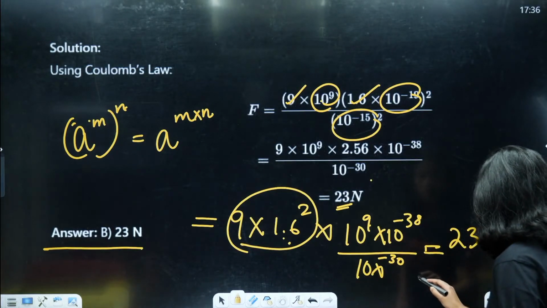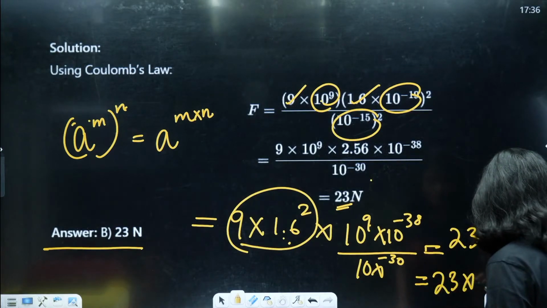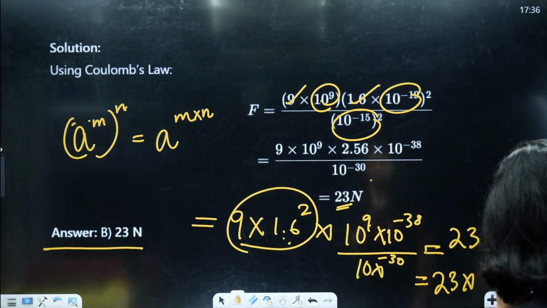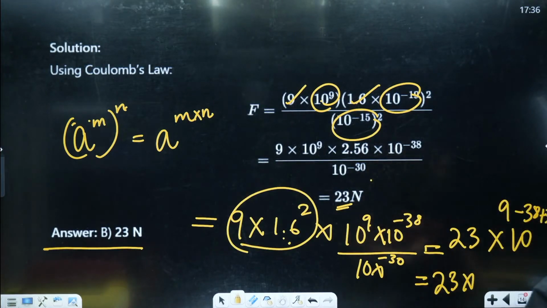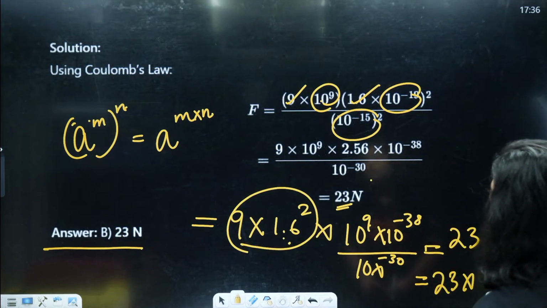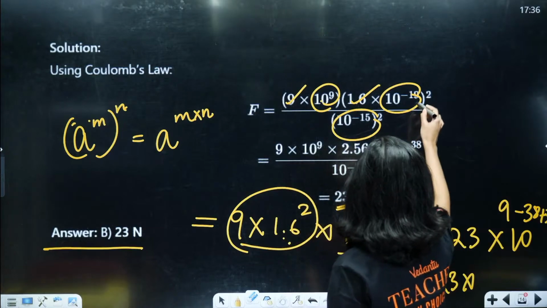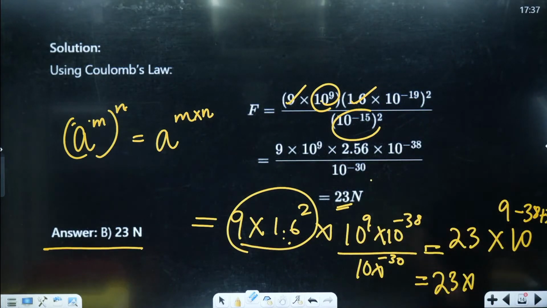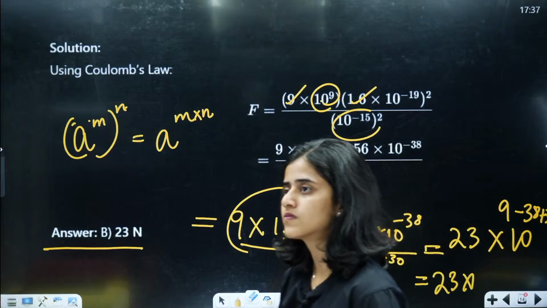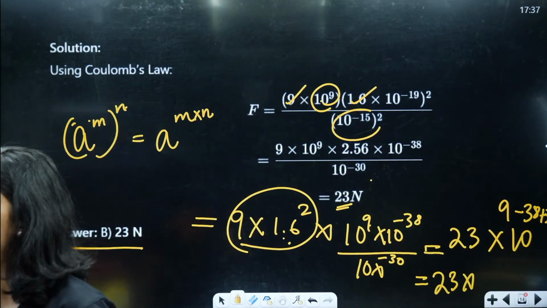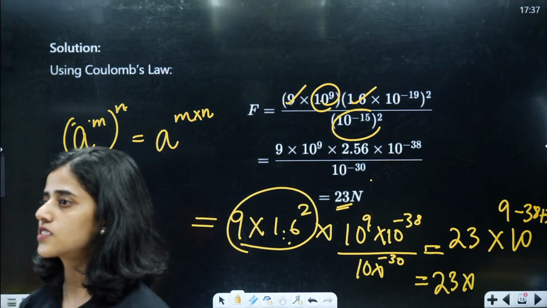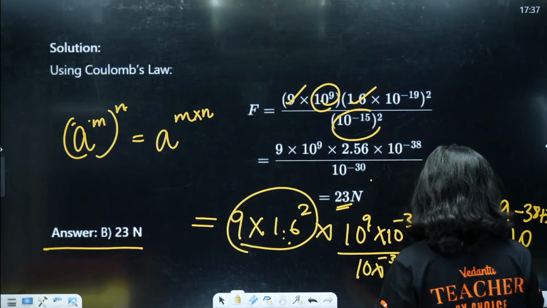So this would be 23 into 10 raised to 1.